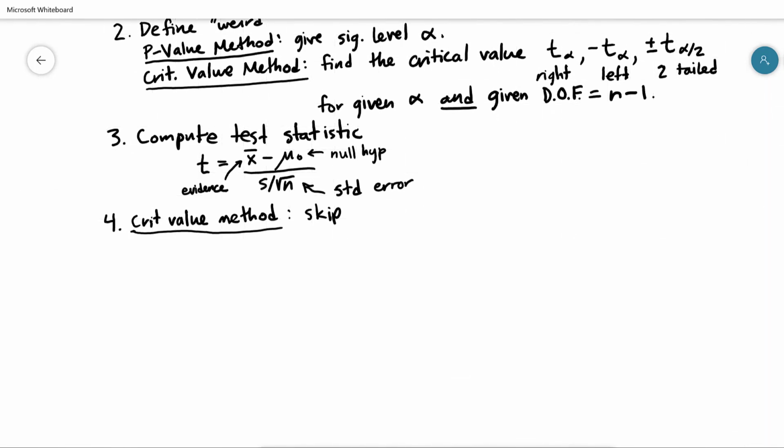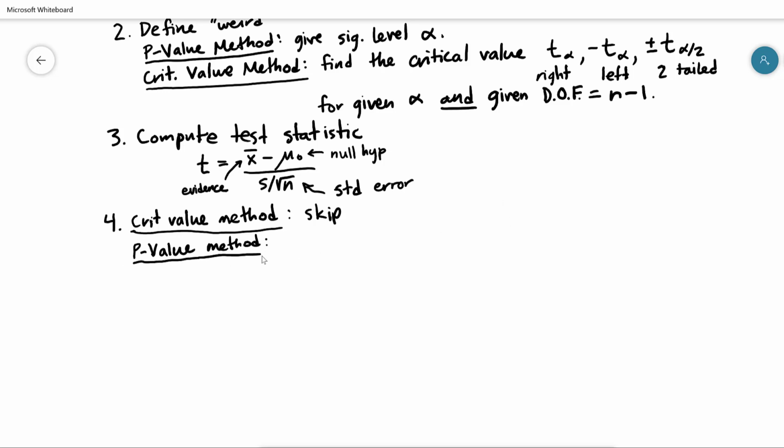If we're doing the p-value method, instead of comparing to z-scores or t-scores, I need to compare to areas or probabilities. And so we have the first probability over here, this alpha, our significance level. That's the probability that we consider weird, right? That's where we defined weird.